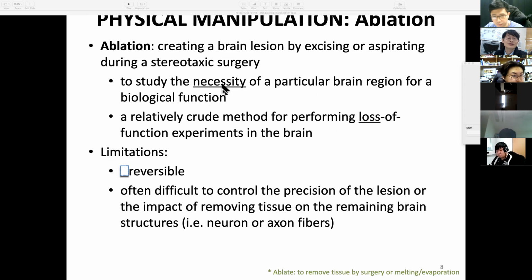You can easily consider what the limitations are, okay? Basically you can't get it back, so it's irreversible, and it's often difficult to control the precision of the lesion.